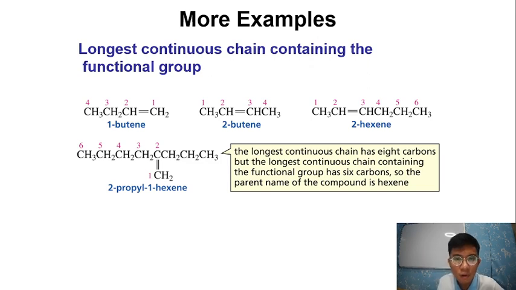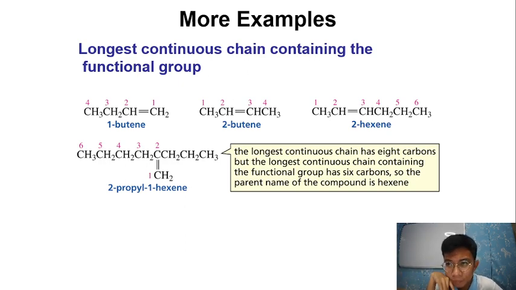Di ba kanina sabi ko, if I ask you a question where is the double bond located, you will answer supposedly between two numbers. For example, ito. If I have four carbons, that's why the prefix is but. And since you have a double bond present, the suffix will become ene.